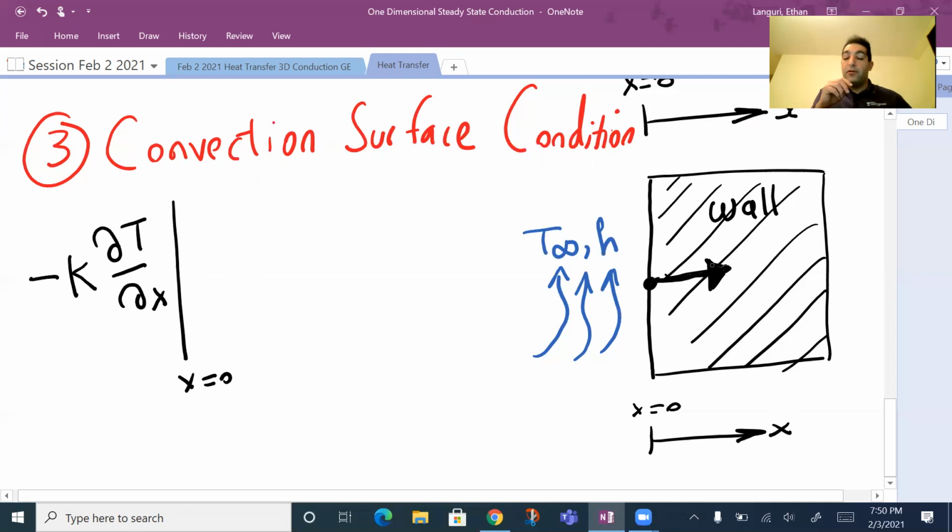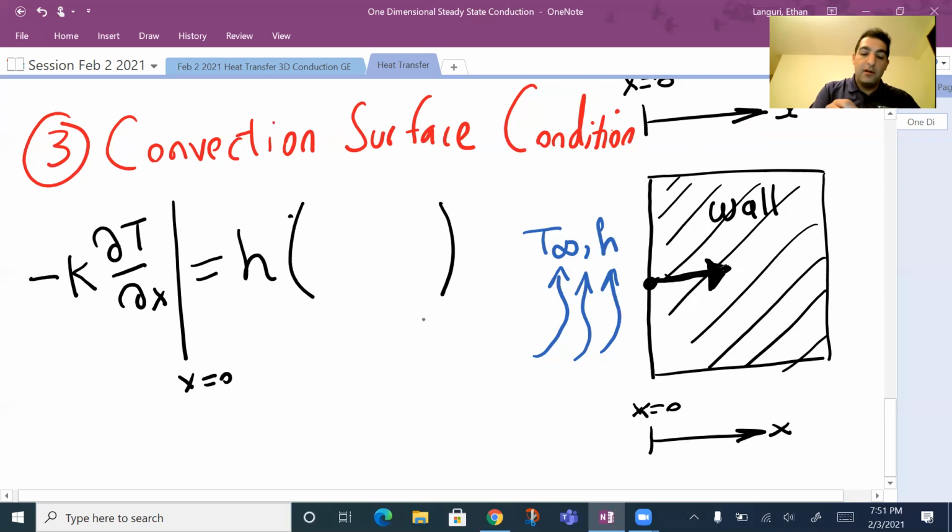Whatever heat goes through the wall at x equals 0, at this location, should be equal to the amount of heat we are receiving from the fluid. And remember from the previous discussion, first chapter, convection heat transfer, or Newton's law of cooling, quantifies the amount of heat going through by convection, right? So I use h delta T to quantify the amount of heat by convection.